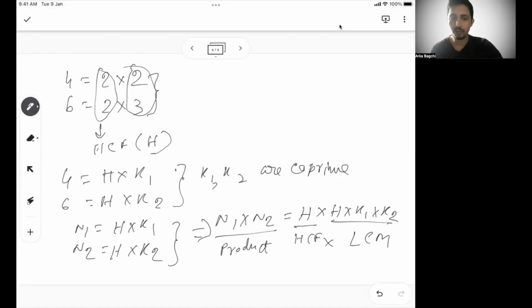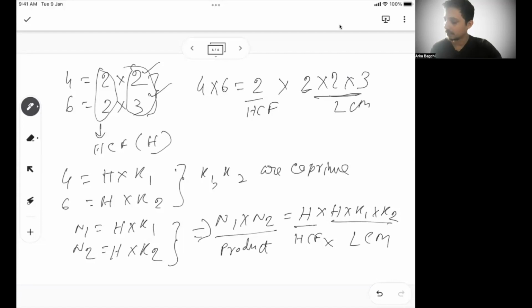Take an example of 4 and 6. 4 into 6 is 2, which is my HCF, into HCF again, that is 2, into the other 2 and 3.